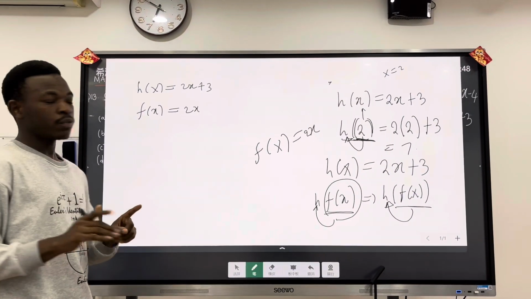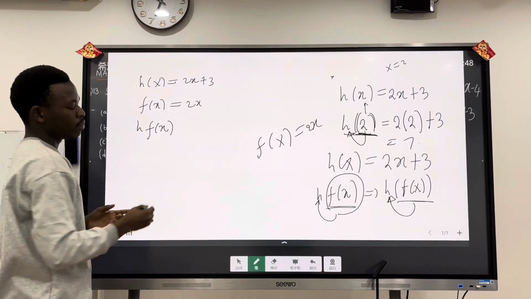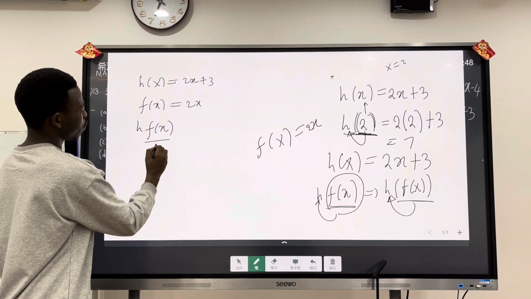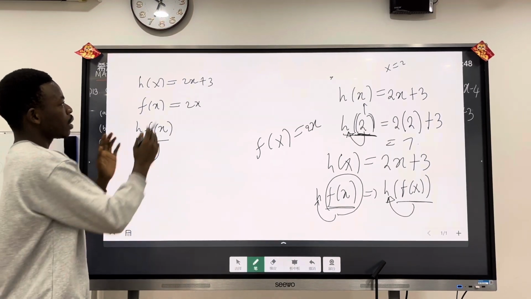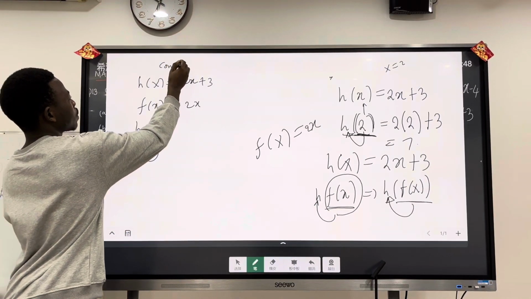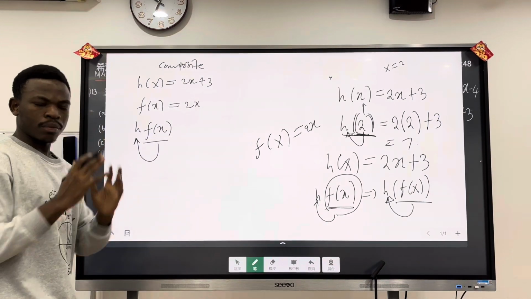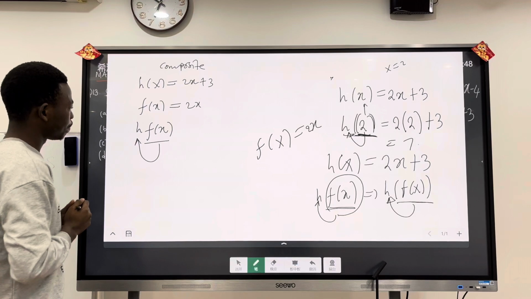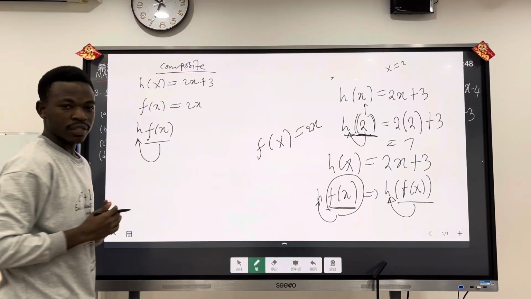If I ask you to find h of f of x, f of x should go in h. These are what we call composite functions. If you put two functions together, we have composite functions.